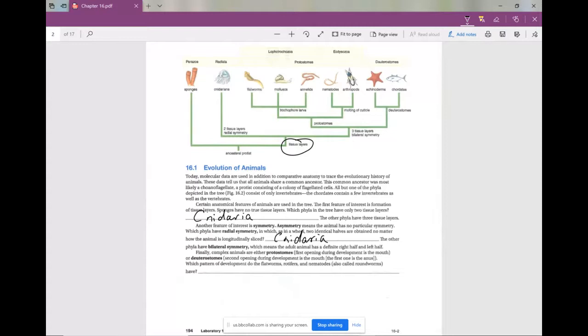Then they're talking about protostomes or deuterostomes. Which pattern of development do flatworms, rotifers, and nematodes have? Here we go. Nematodes. Flatworms.